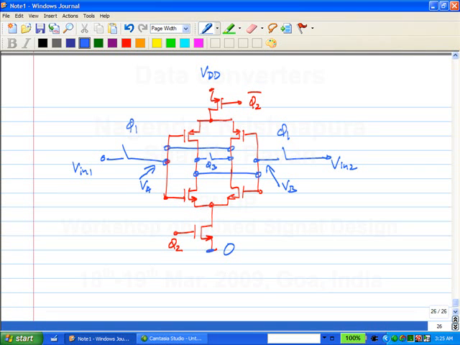Alright. So this is an example of a comparator, right? A very, very basic one, where all that it's doing is taking V in 1, V in 2. Phi 1 is called the sampling phase.